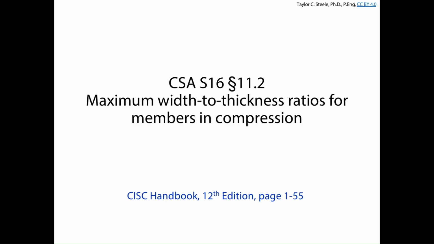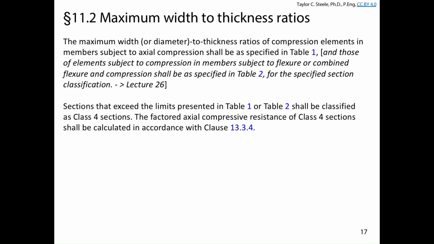How does all this stuff come into play for us in terms of the S16 standard for design and construction of steel structures? Chapter or section 11.2 is called maximum width to thickness ratios for members in compression. And this is the section of the standard that tells us what ratios we have to stay within in terms of the upper limits on B over T to prevent local buckling from happening.